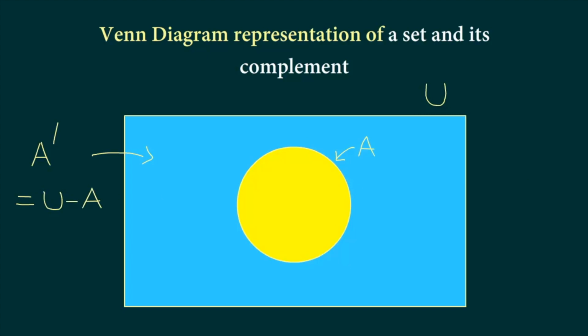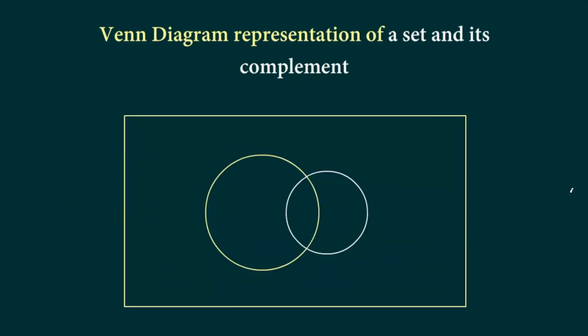Now, just to make sure that you fully understand the concept and can visually relate to it, this time let's take the same Venn diagram, but think of it in terms of two sets. Here we have two sets as shown. This is set A, and the smaller circle shown in white is set B, and this is the universal set.